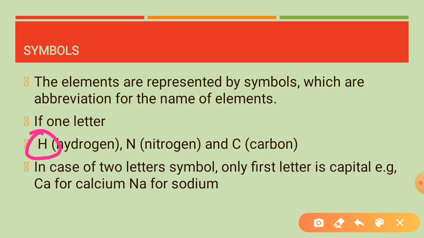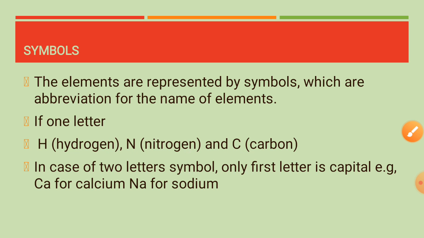You have to write this single letter in capital. Similarly, nitrogen is represented by the single letter symbol N. Yes, you have to write it in capital. Similarly, for carbon the abbreviation is capital C.